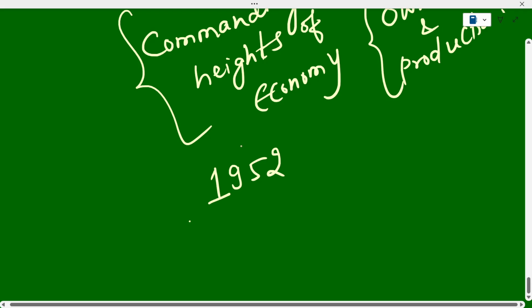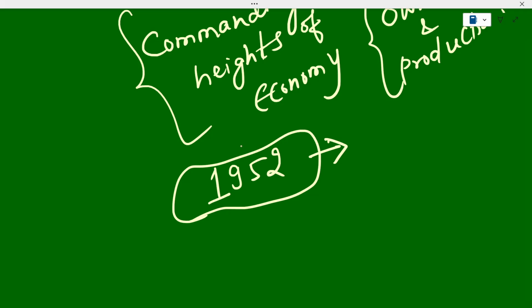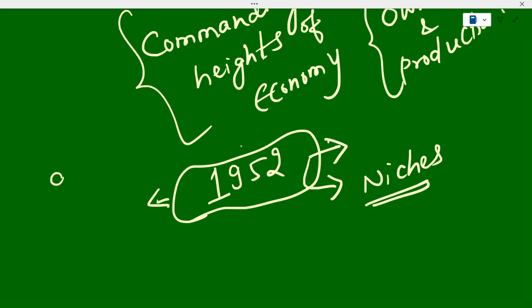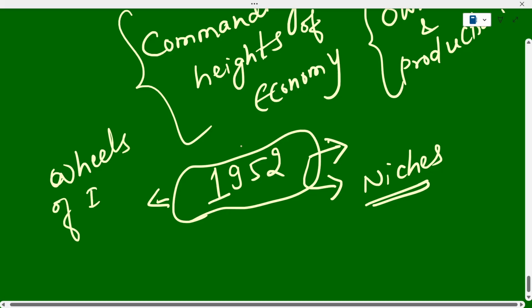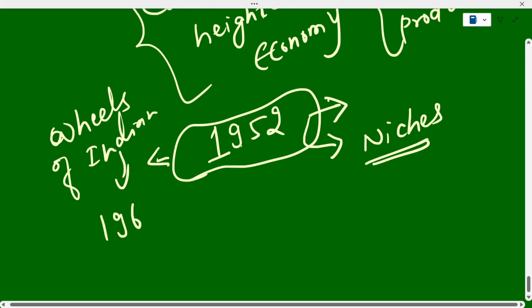That was the need of the time, for the state to play a larger role. But gradually, when our country started developing, when the industrialists started looking for many niches for their production, in short, the wheels of the Indian economy started moving from 1965 or the 1970s onwards.